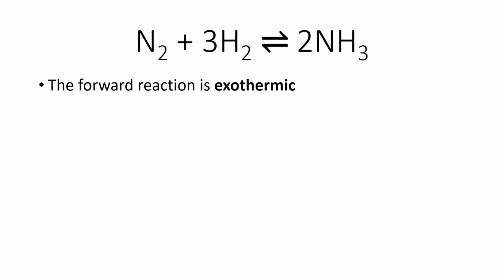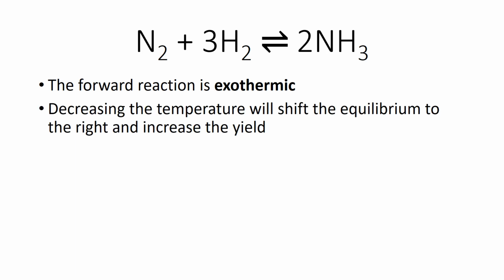So we've just stated that the forward reaction is exothermic. Decreasing the temperature would shift the equilibrium to the right, because if you try and increase the temperature, the equilibrium would shift to try and decrease the temperature, away from the exothermic direction.